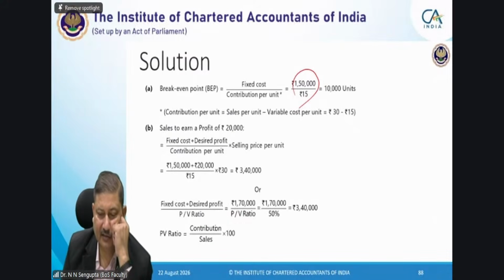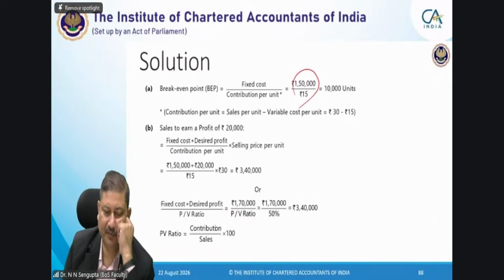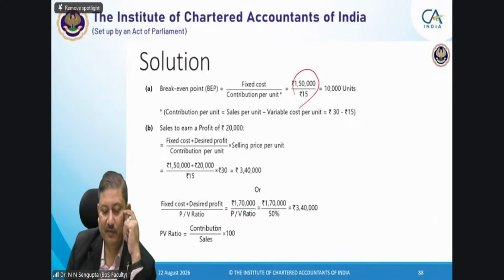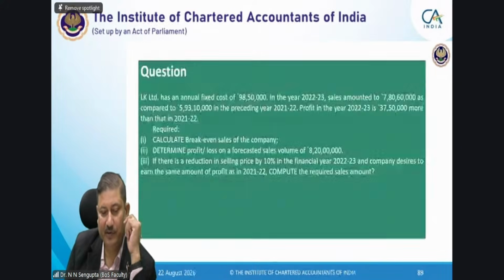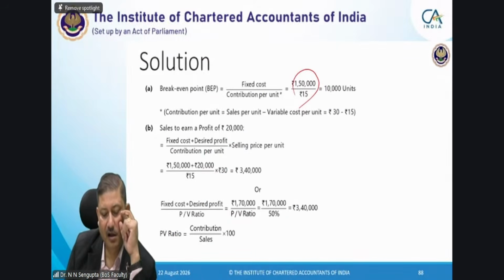Next part is sales to earn a profit of 20,000. Now your fixed cost is 1,50,000 plus 20,000, that is 1,70,000, divided by 15 into 30, that is 3,40,000. That is fixed cost plus desirable profit divided by PV ratio, which is 3,40,000. PV ratio will be contribution by sales into 100.